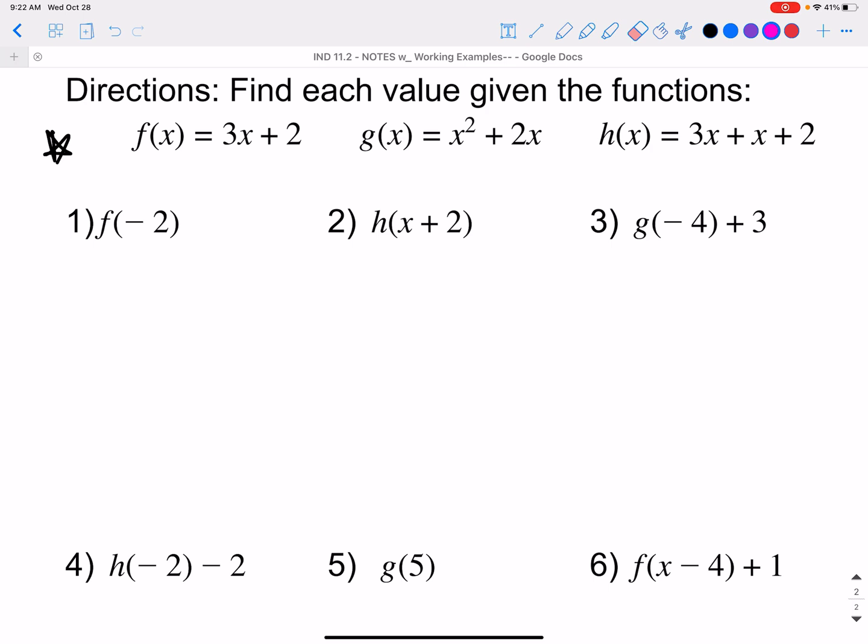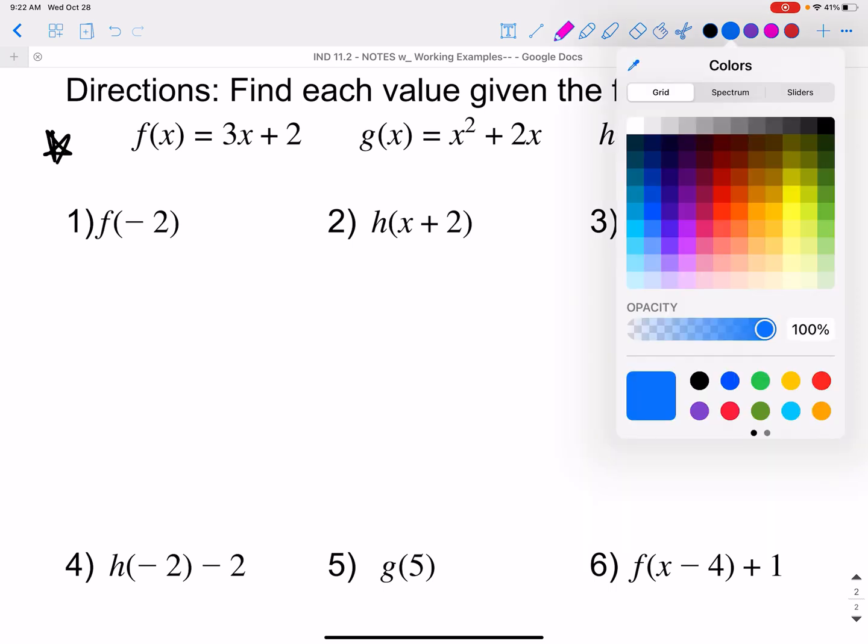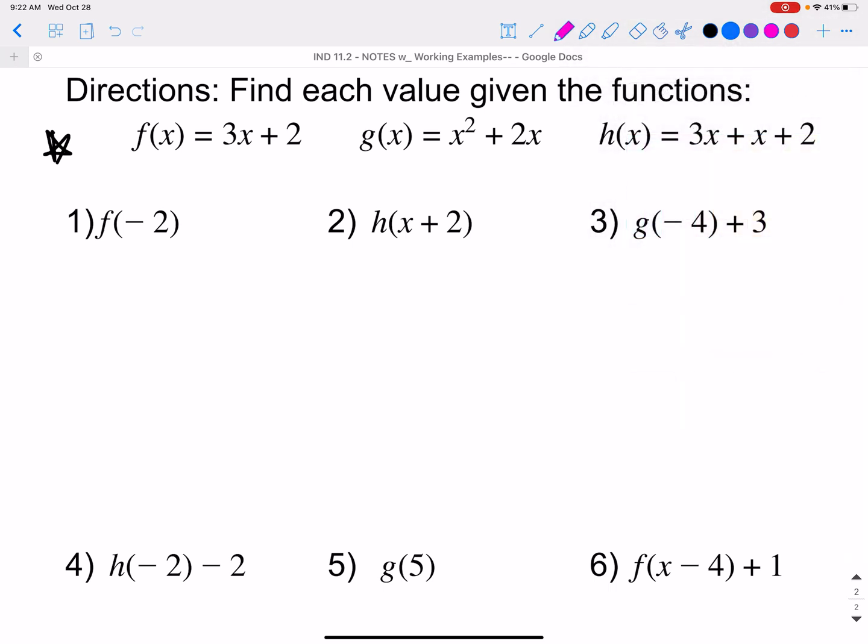Well, the F just tells you to use the F function, right? So since it says F of negative 2, that tells me I'm going to use the F of X function.